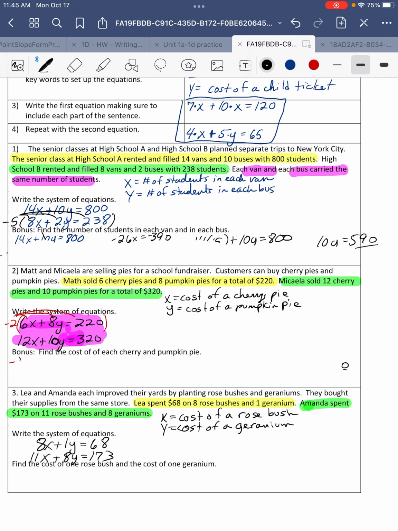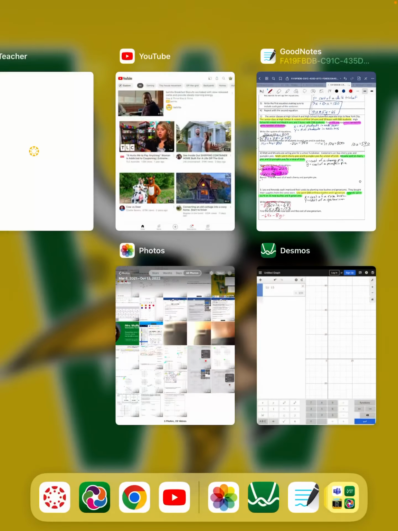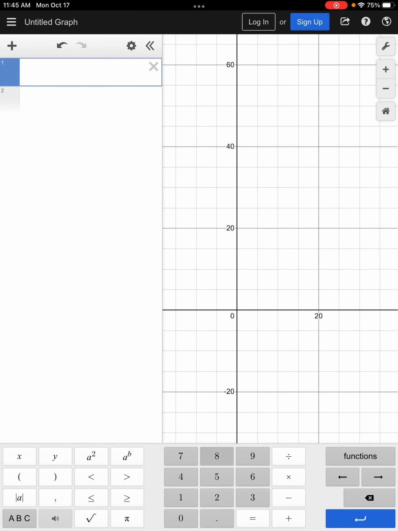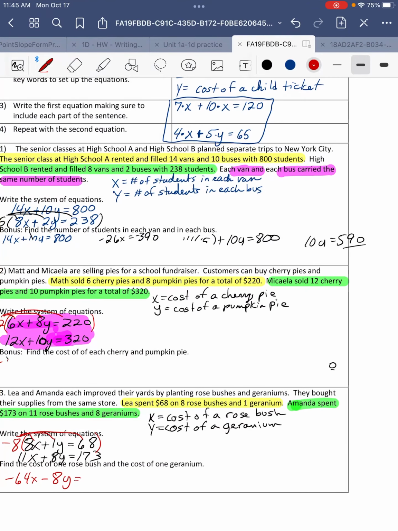Now to find the cost, and again, this is a bonus, you don't need to do this. We have to think about what we can multiply by. I'm going to multiply this top equation by negative 8 because that's going to make my y's eliminate. So that's going to be negative 64x minus 8y, 8 times 68, 544.